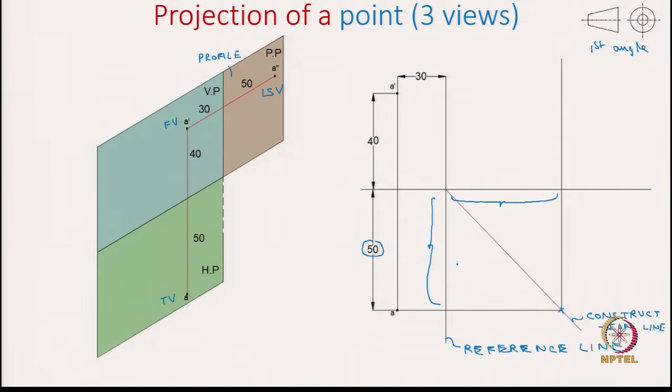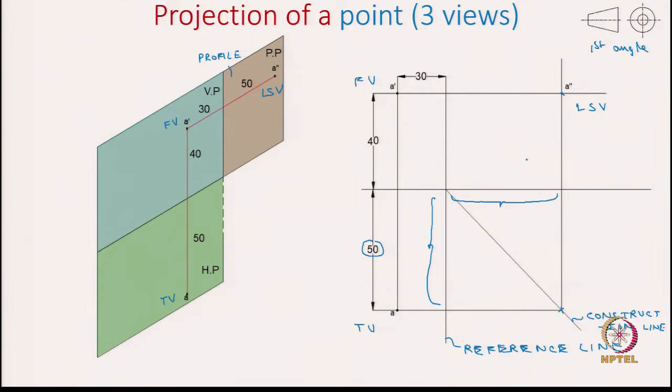So, now once we draw another projector line from the front view, we know the intersection of these two projector lines will give you the side view. So, the side view we represent with A double prime. By this we are able to show the front view, top view and the left side view of a single point by using the first angle projection.